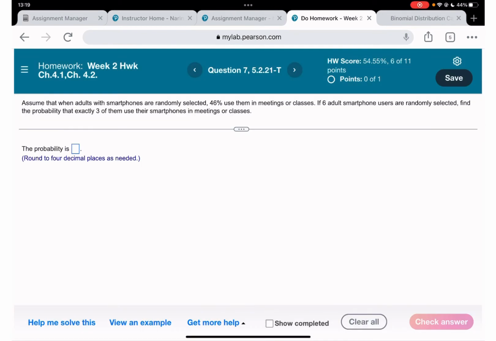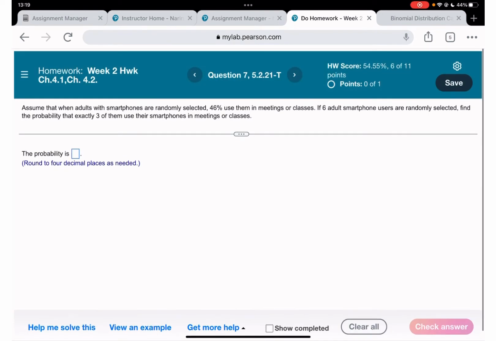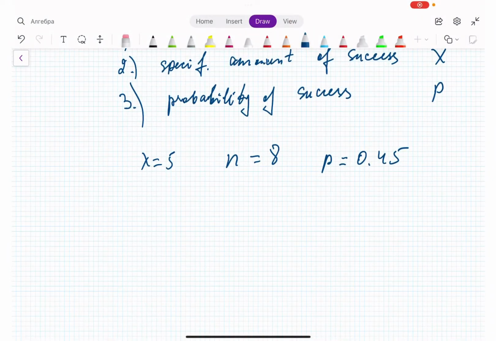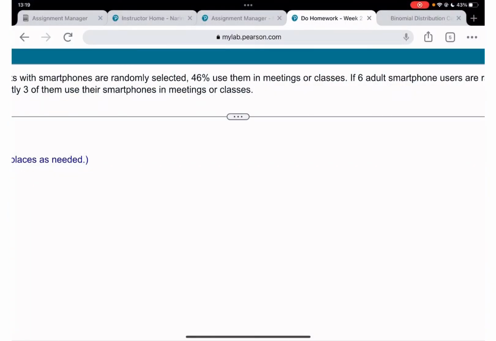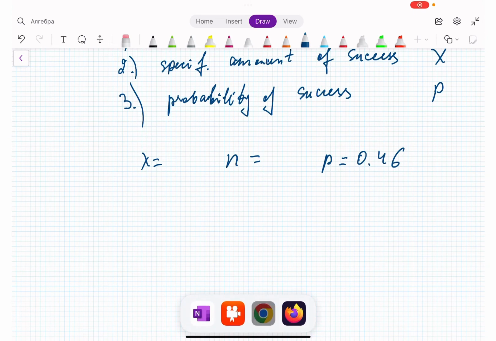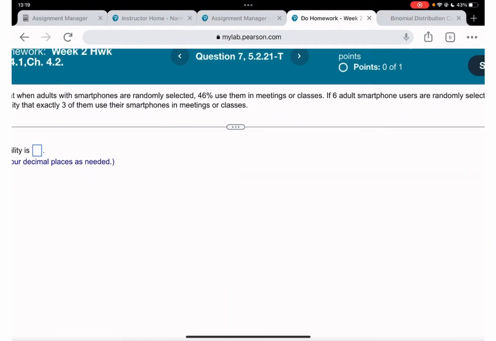Moving to the next question, question number 7. Assume when adults with smartphones are randomly selected, 46% is our P, the probability of success. P is 0.46.